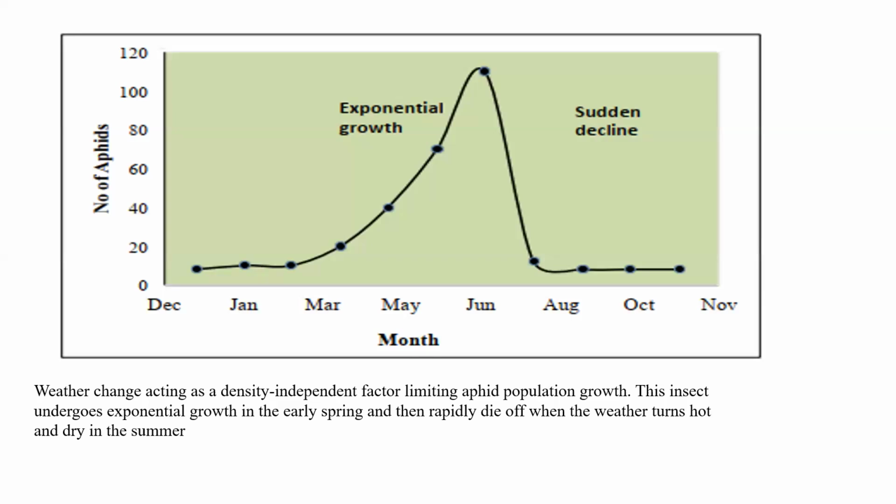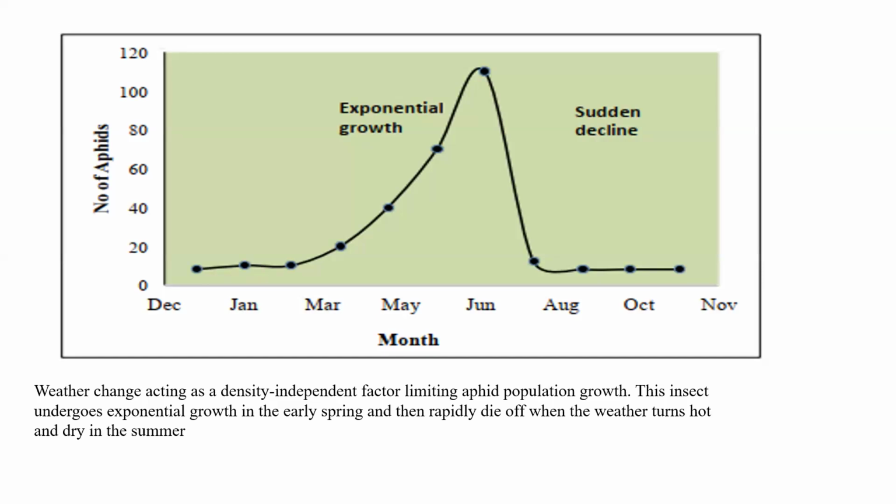So this is the number of aphids, and this is the month. Weather change acting as a density independent factor, limiting aphid population growth. This insect undergoes exponential growth in the early spring, and they rapidly die off when the weather turns hot and dry in the summer.